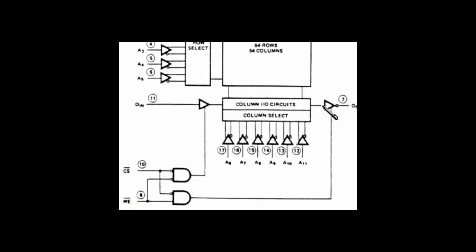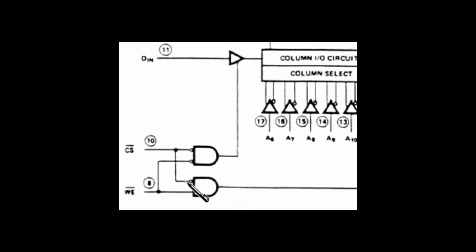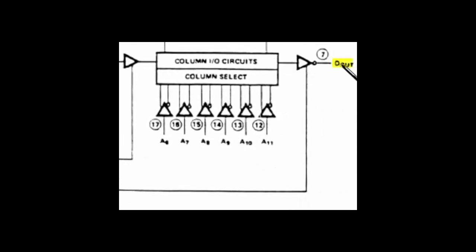Now, to get data to come out of this, we have to have a high on this enable line of this inverting buffer, and that high comes from here, which says we have to have a low CS and a high WE, which means we're doing a read operation. And if you're doing a read, you're pulling data out of the memory cell.